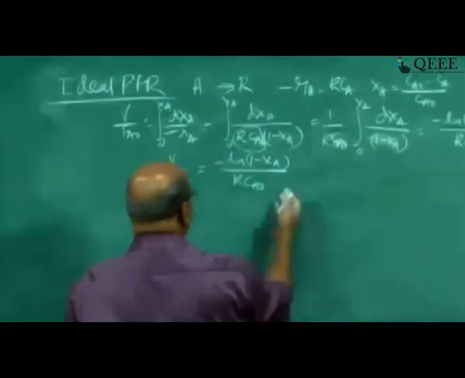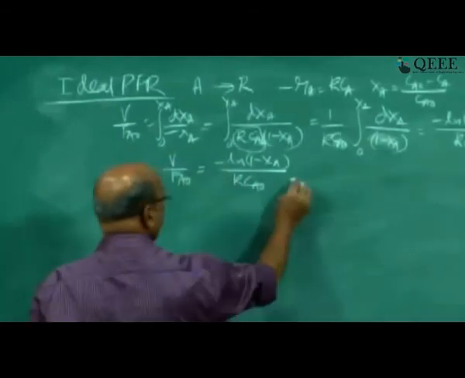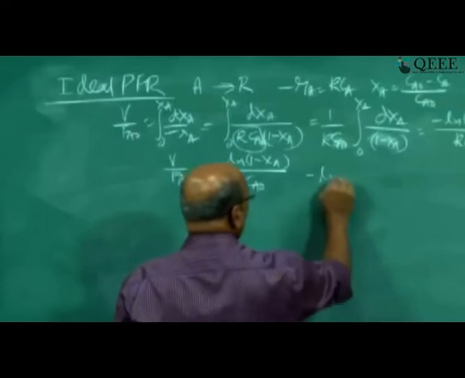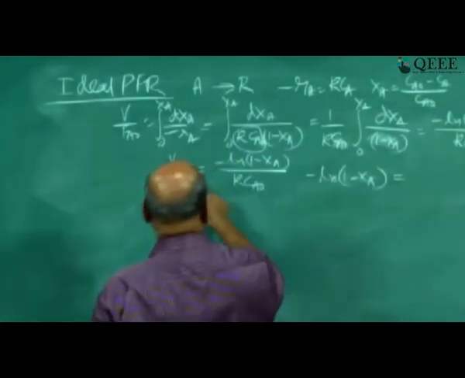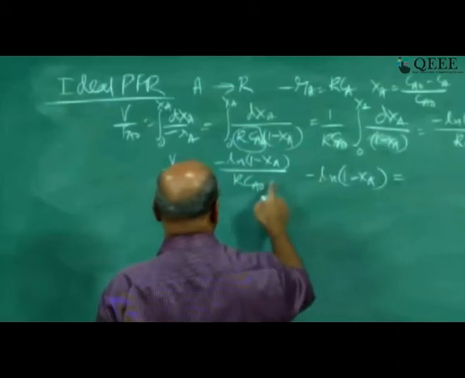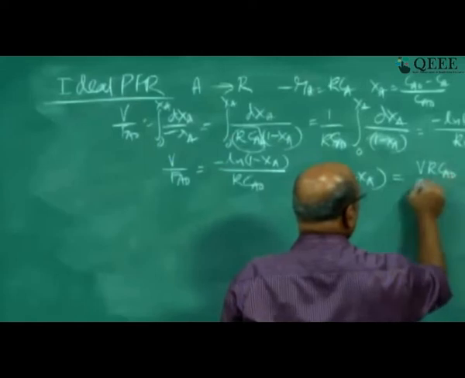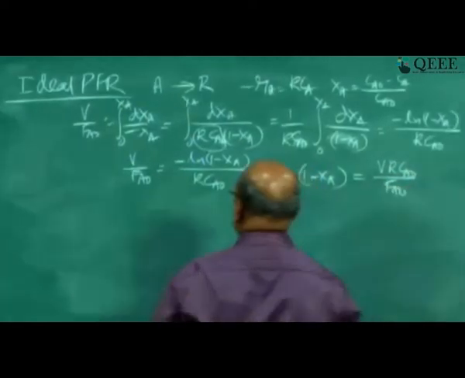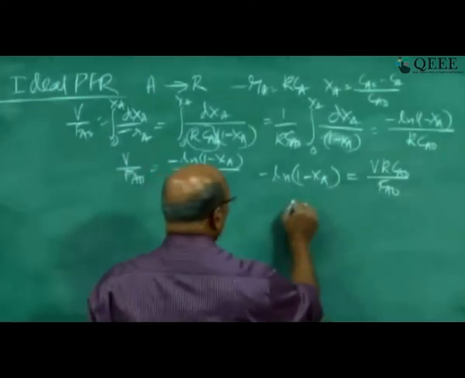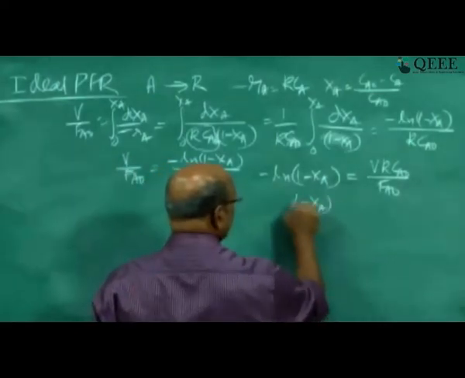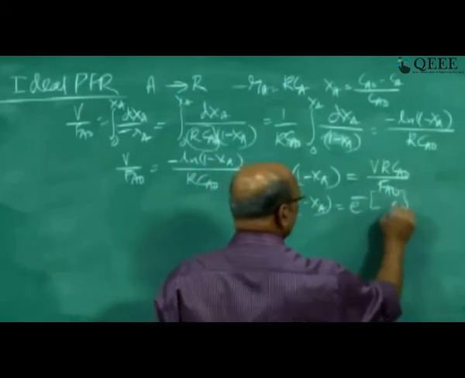So then if I want to calculate either conversion or volume, I can. Now I will write this as minus ln 1 minus Xa equals V K Ca naught by Fa naught. Correct? Good. So 1 minus Xa equals e power minus all this.